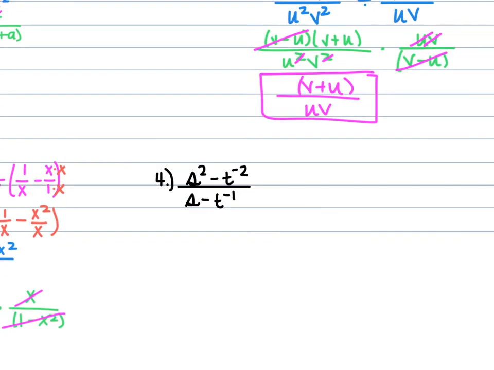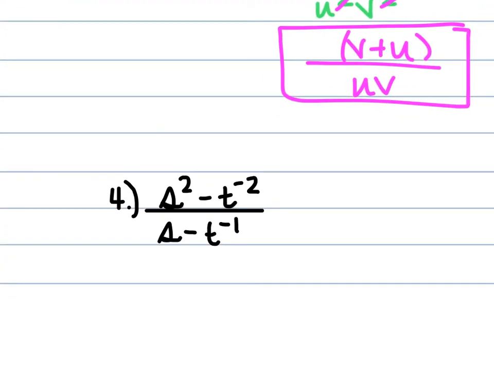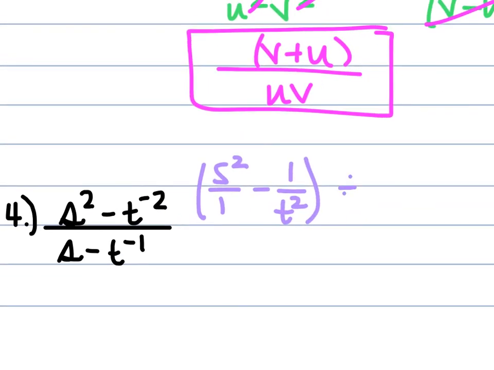If we look at the next one, we have s squared minus t to the negative second. So this is going to be s squared over 1 minus 1 over t squared divided by s over 1 minus 1 over t. So the least common denominator of the first is t squared. Multiply top and bottom of this first fraction by t squared.